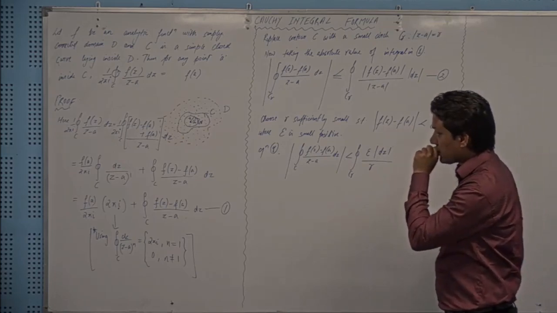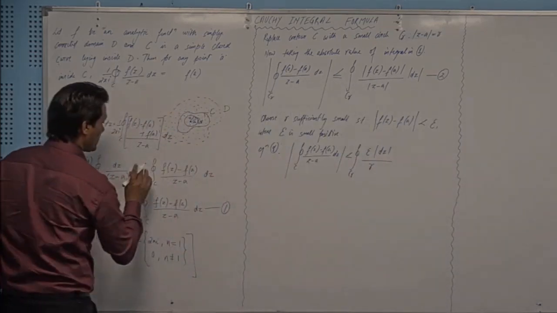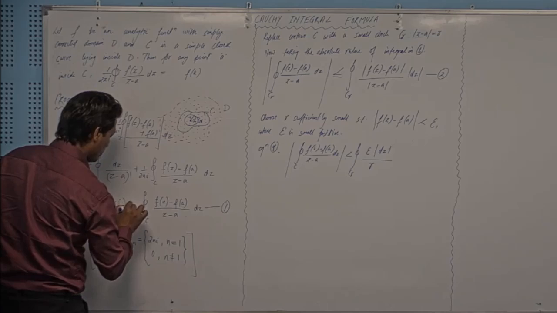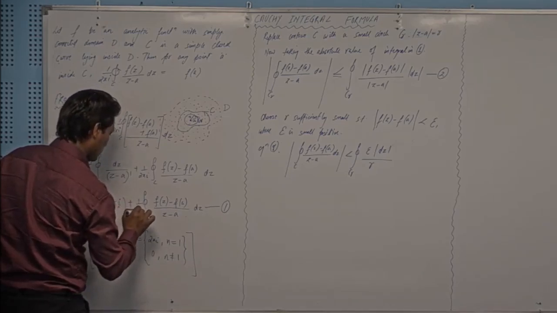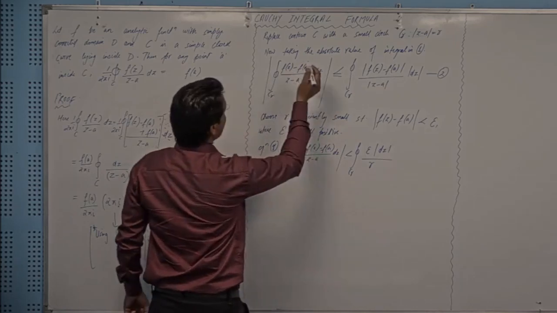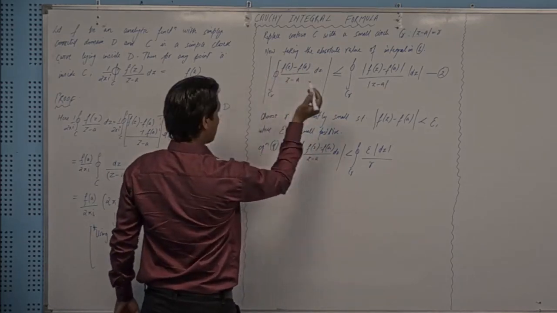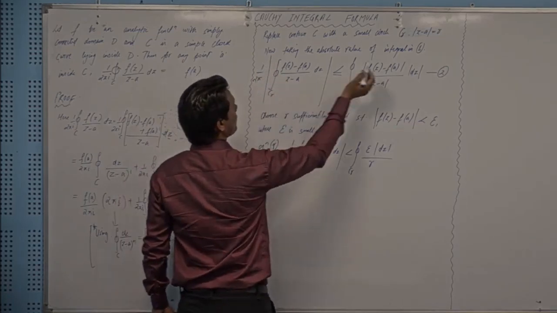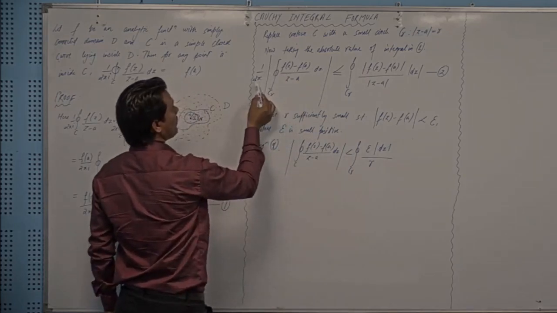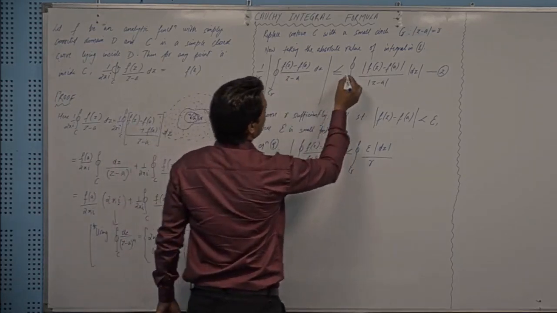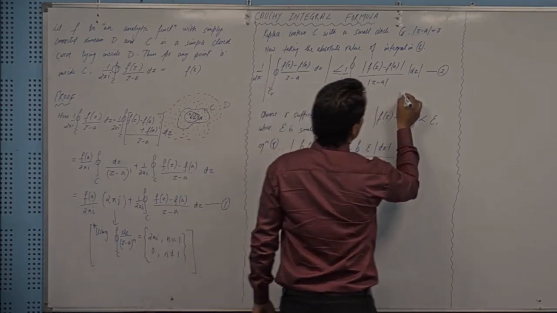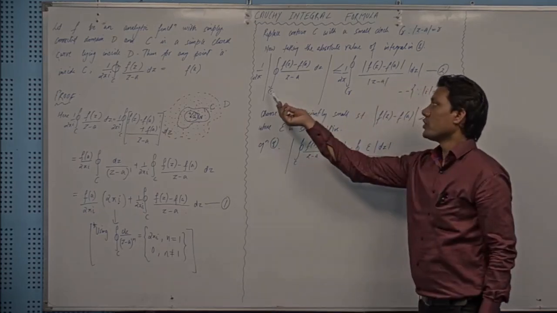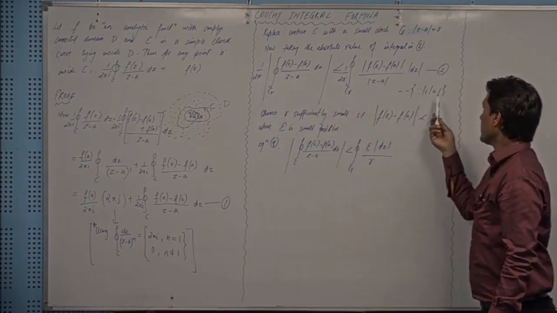And where is my 2 pi eta? 1 by 2 pi eta. Okay, I left it here. 1 over 2 pi eta. Since when you apply modulus, the modulus of eta is equal to 1, in the calculation the modulus of eta became 1.